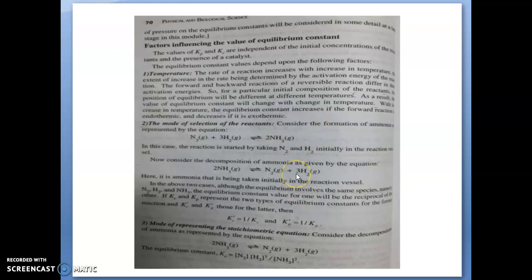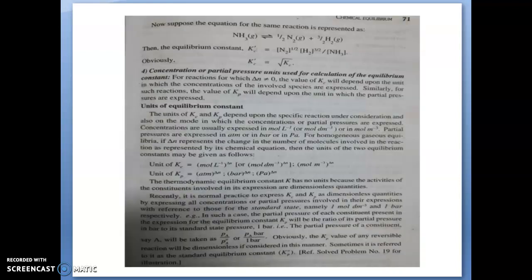Kc dash will be equal to 1 by Kc. Even if you consider Kp, Kp dash will be equal to 1 by Kp. While selecting the mode of selection of the reactant, the equilibrium constant value will vary.